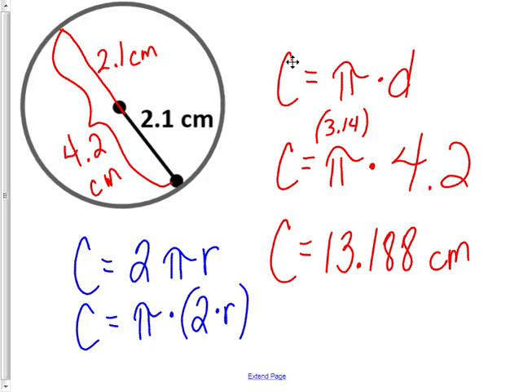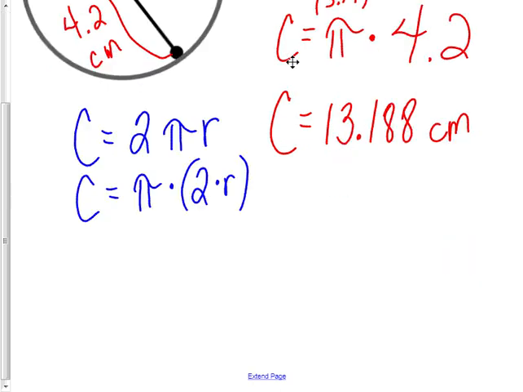Well, again, notice that 2 times the radius is always going to be the diameter. So you can certainly use the formula 2 times pi times radius if you're given the radius of a circle, and that works just fine, but you don't really necessarily need to. You can just double the radius, which is really what you're doing anyway when you use that formula, and then use it as diameter. Either way is fine.